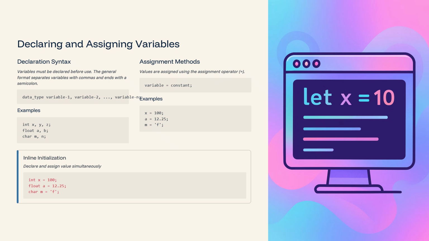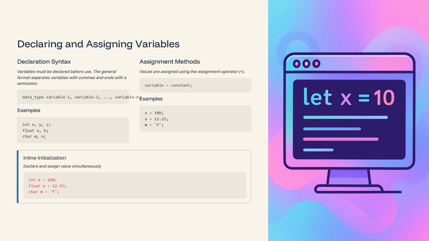Declaration tells the compiler about the variable name, the data type, and the memory requirement. The syntax is data type followed by variable 1, comma, variable 2, and so on, and ends with a semicolon. If you want to declare multiple variables, you can just write int x, y, z; ending with a semicolon.